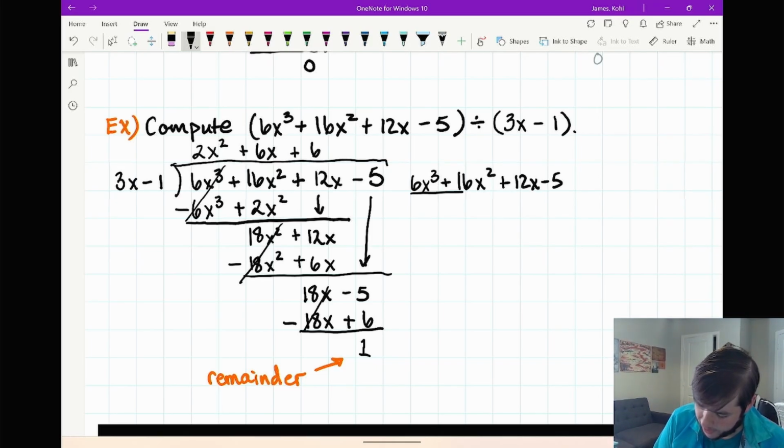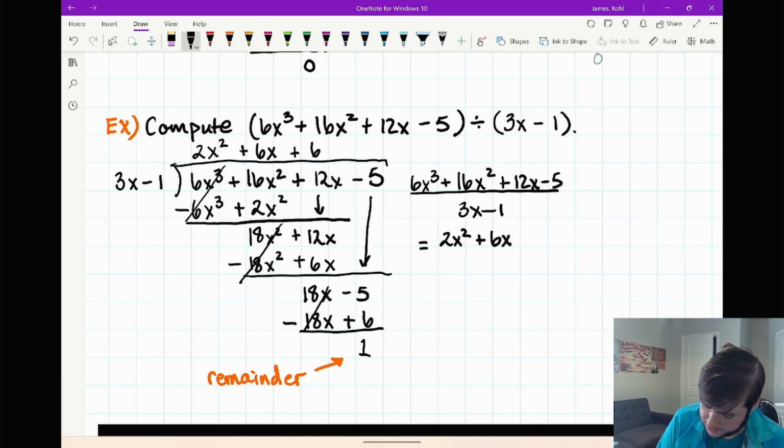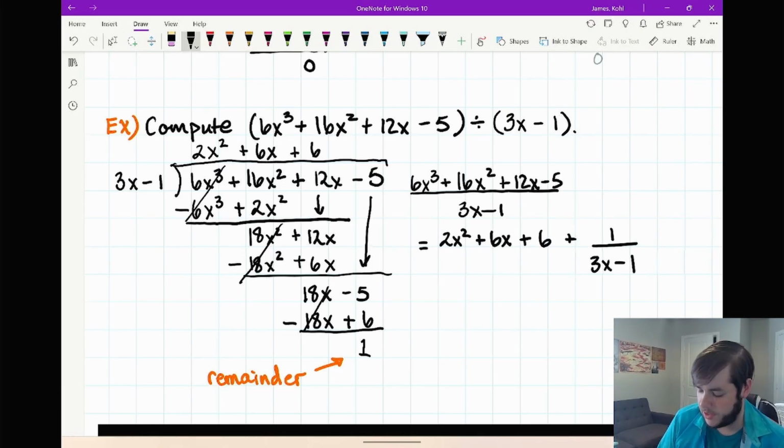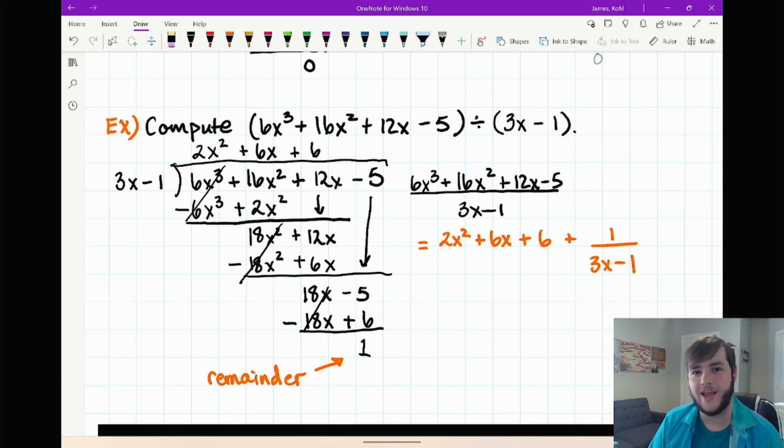When I divide it by 3x minus 1, I get 2x squared plus 6x plus 6, but then I have a remainder of 1 that I still need to divide by 3x minus 1. So I still have this remainder. All in all, this is our answer.